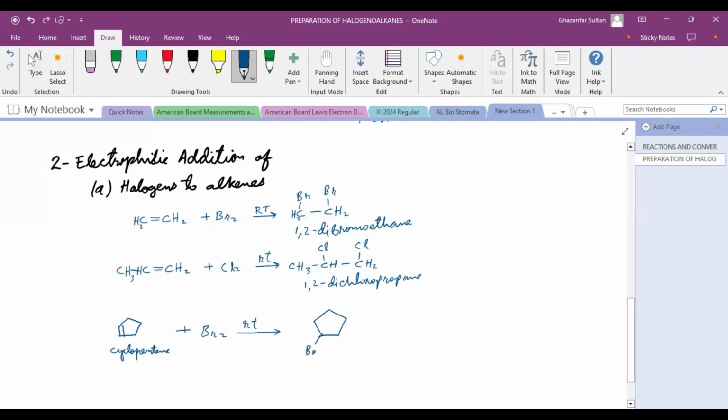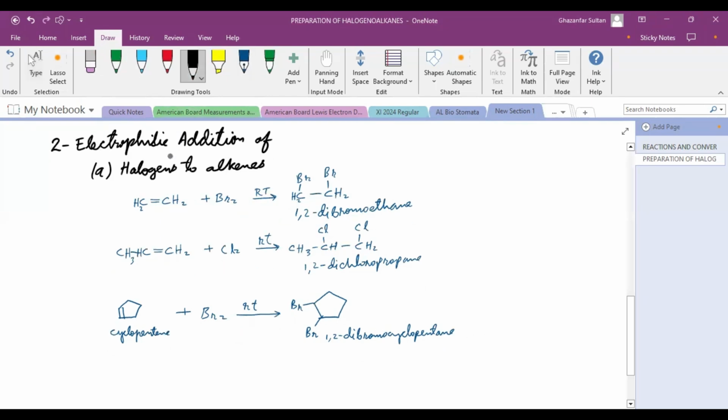One is over here and one is over here. Why is it cyclopentane? Because there are 5 carbon atoms. So you have seen that electrophilic addition of halogen gives dihalo product.